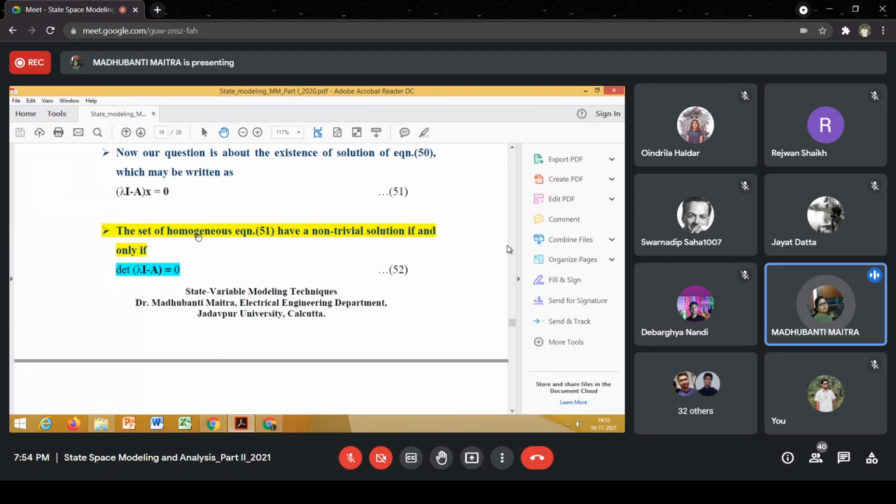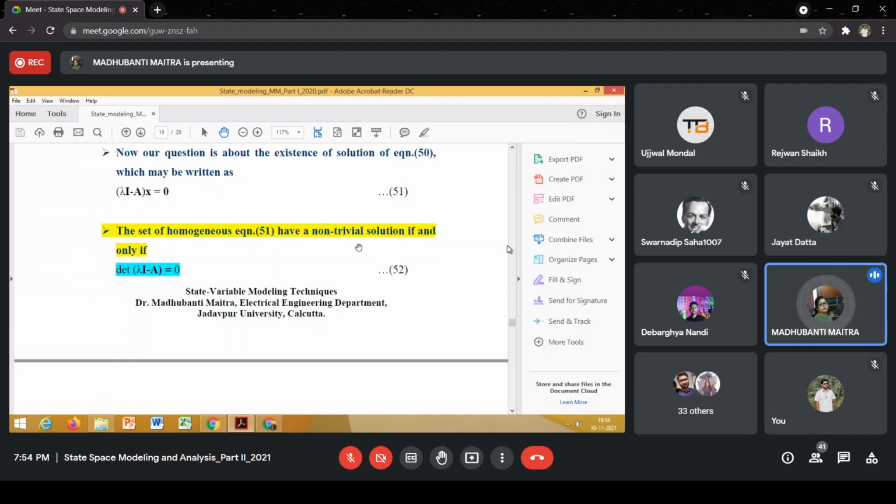So this set of homogeneous equations, just like Fx is equal to 0, has a non-trivial solution if and only if the determinant of lambda I minus A is equal to 0. That means if this matrix lambda I minus A is a singular matrix, then only we'll get a non-trivial solution.